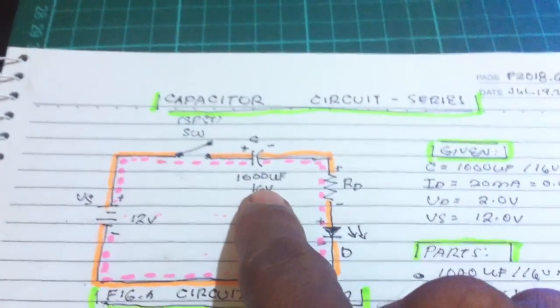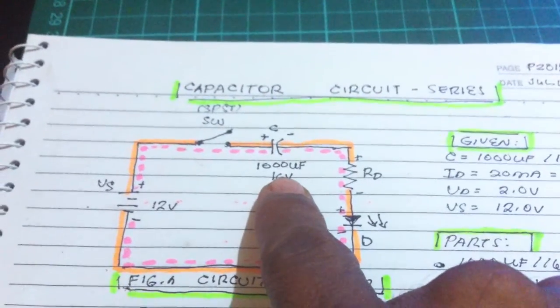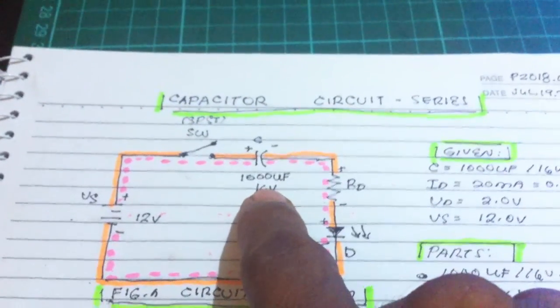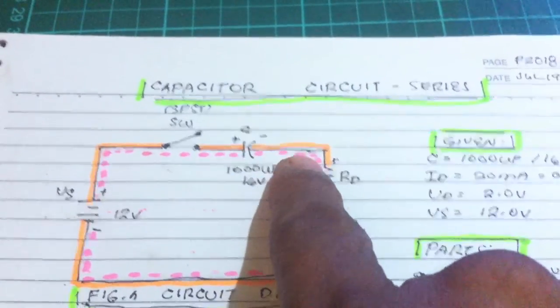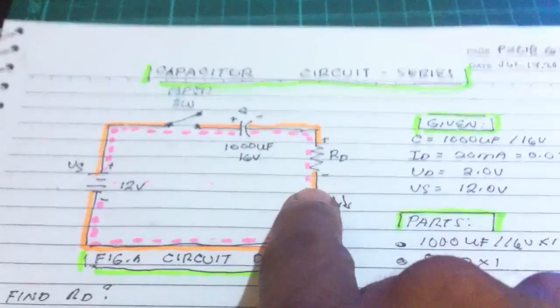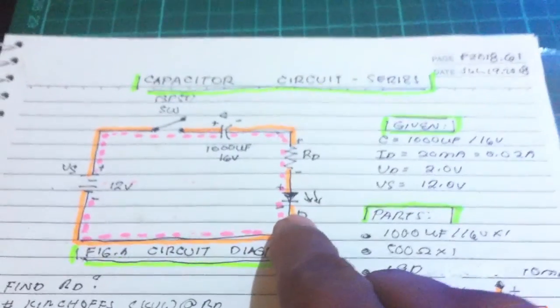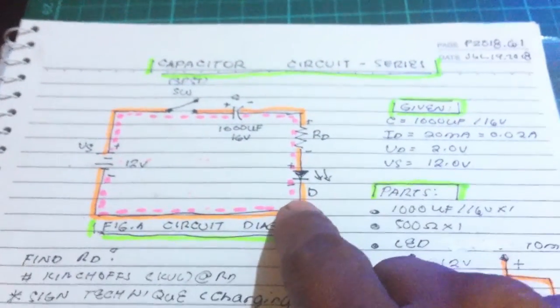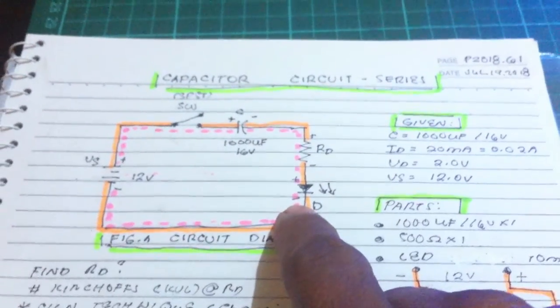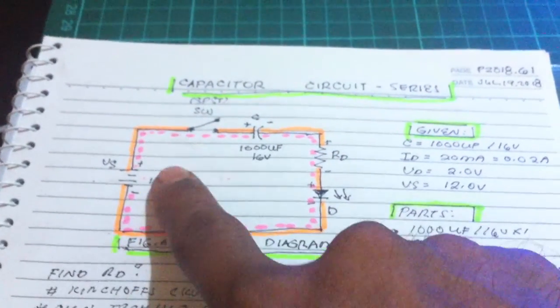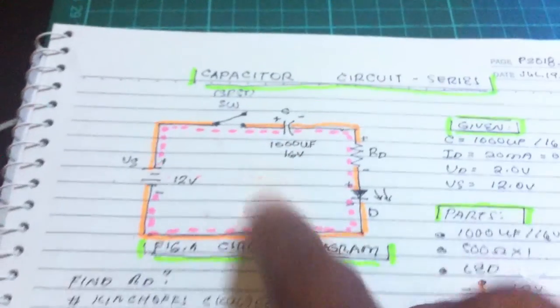Don't use one much smaller, it will destroy all the circuits here. While it's charging, current still flows through the resistor and the LED, and it will light for a short period of time while the capacitor is still charging.